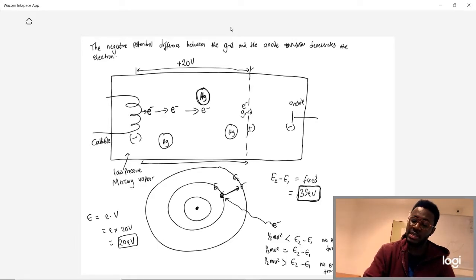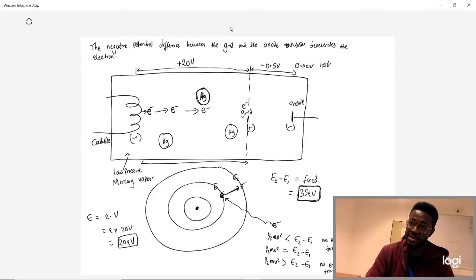Now let's say that between the grid and the anode, you have a small negative potential difference, minus 0.5 volts. Remember, the negative potential difference decelerates, right? So the electron will lose 0.5 electron volts when it passes from the grid to the anode.